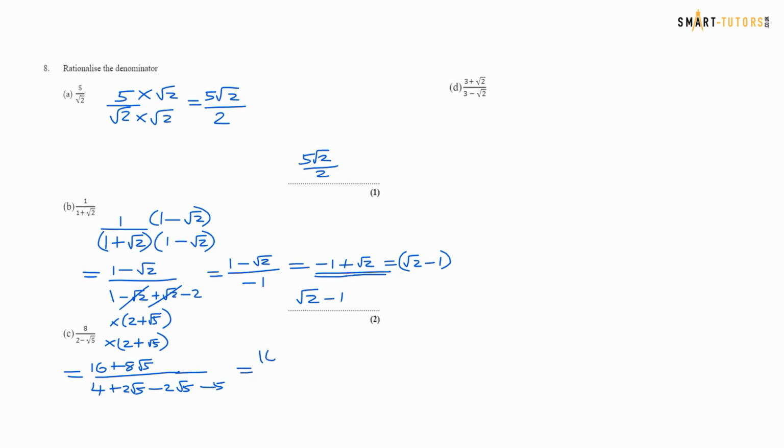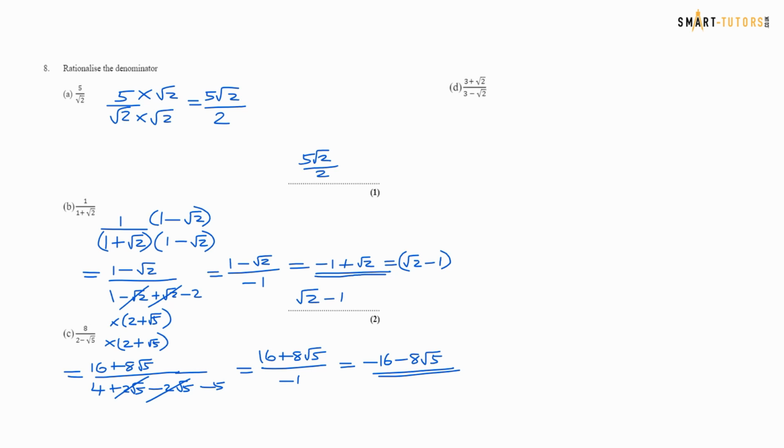So 16 plus 8 root 5 over, 2 root 5 minus 2 root 5 cancel, 4 minus 5 is minus 1. So the answer is minus 16 minus 8 root 5. That is the answer.